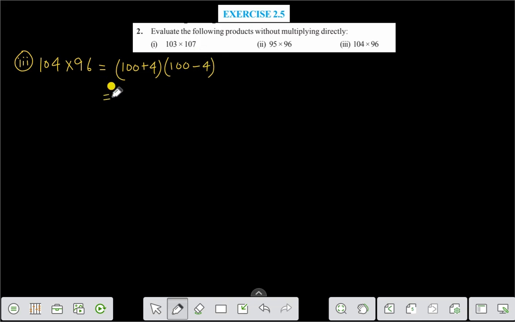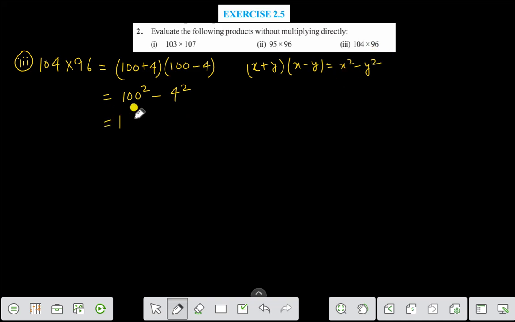That means we are getting 100 square minus 4 square. We are using the identity here that (x plus y) into (x minus y) is equal to x square minus y square.